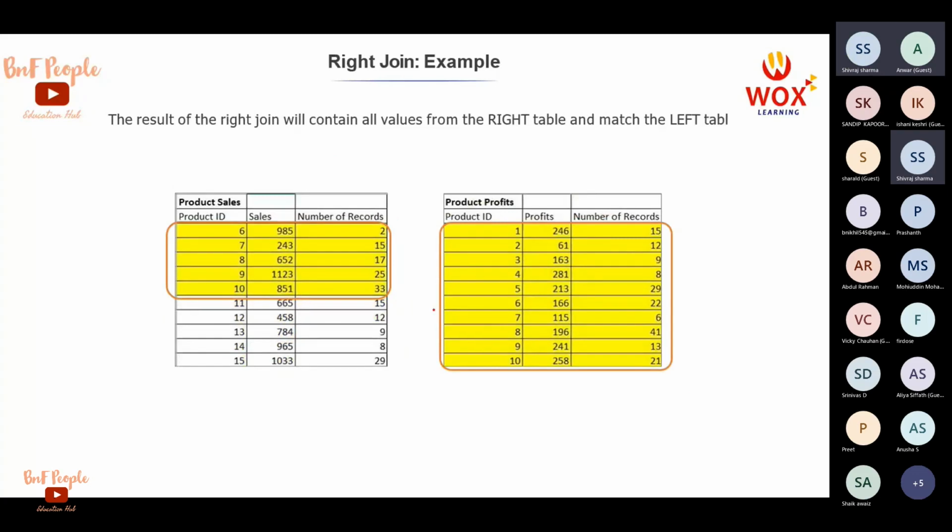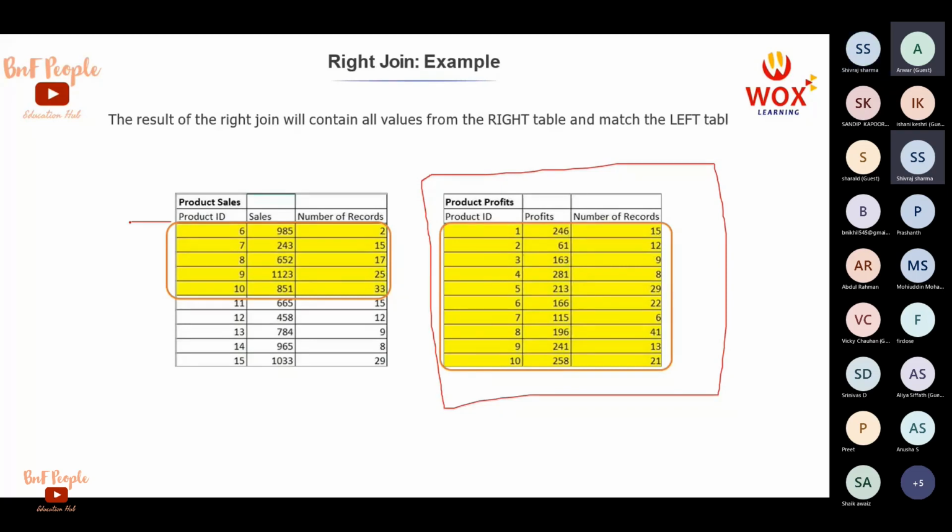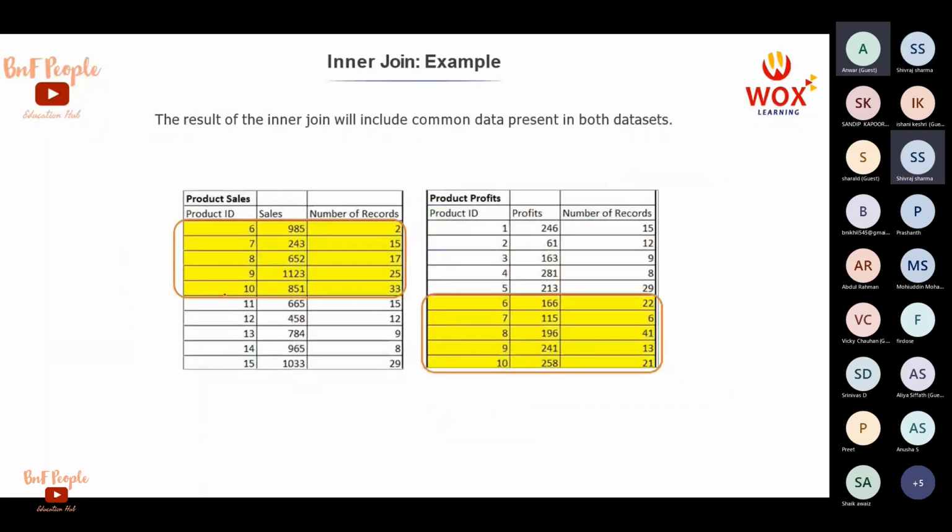Similarly, in a right join it will get the content of this table along with these credentials that are common in this and this. This is your right table. When you perform the inner join, it means the common part of both tables.